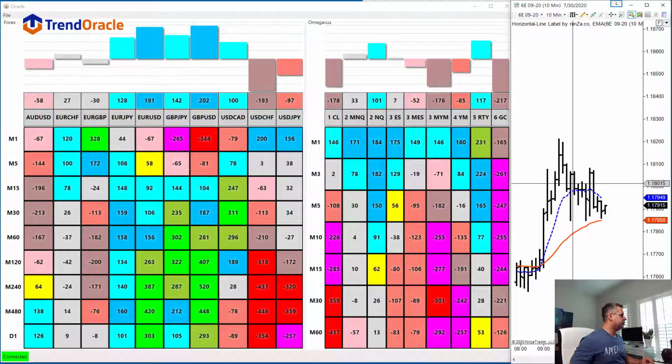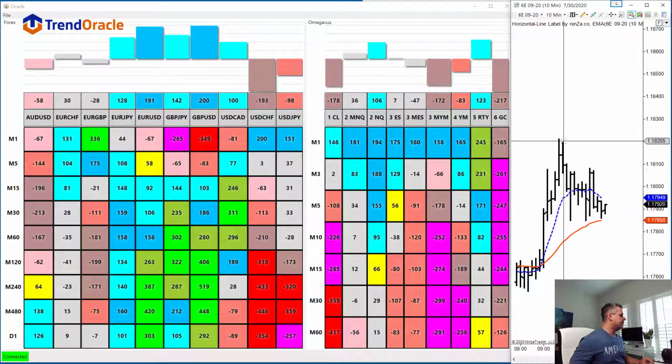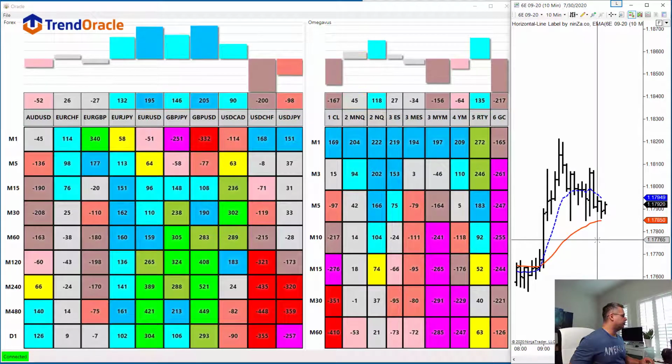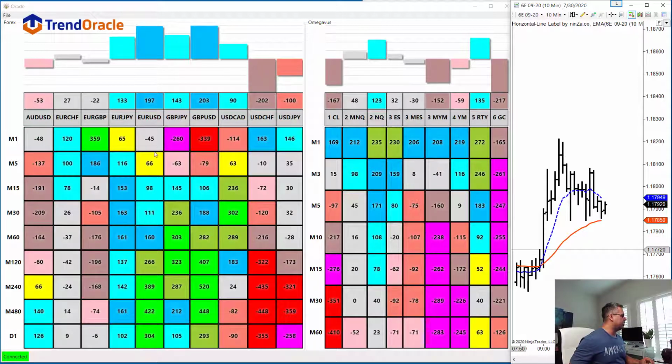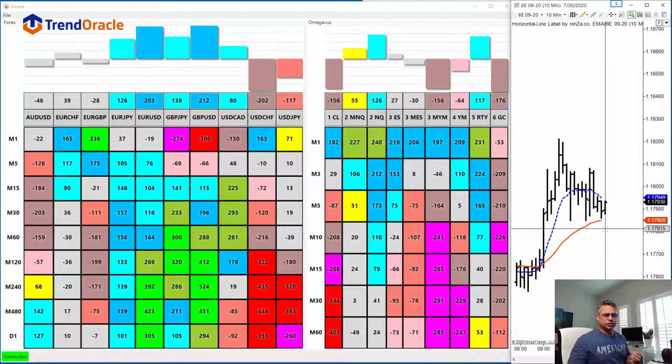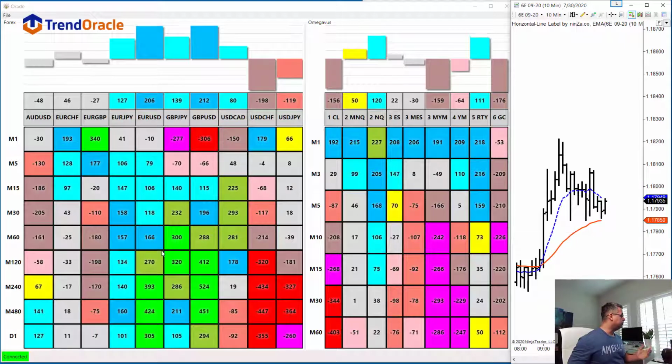I have here on the right side a 10-minute chart on the euro dollar, and it goes in sync with what we're looking for. So if this is the case, we identify here that the bigger time frames are still slightly bullish, and it's most likely they're going to finish the pullback and continue further on. This is what the Trading Oracle is indicating: hey, this is bullish, it's on a little bit of a pullback, but we're bullish.